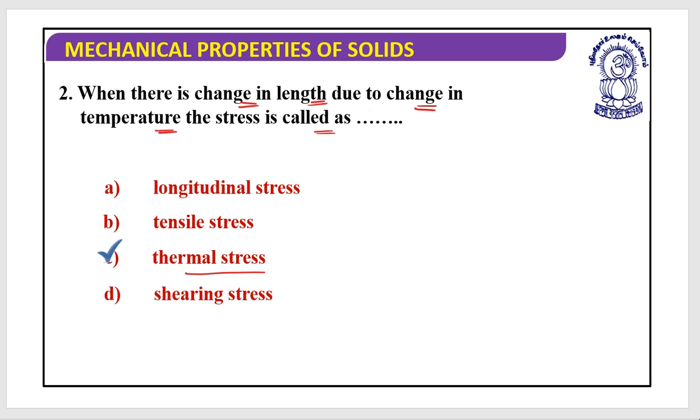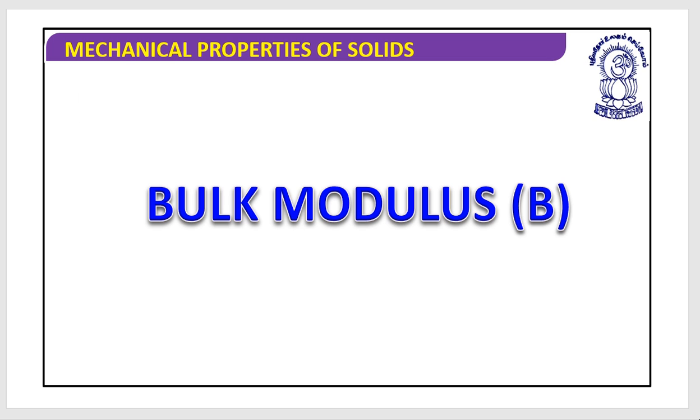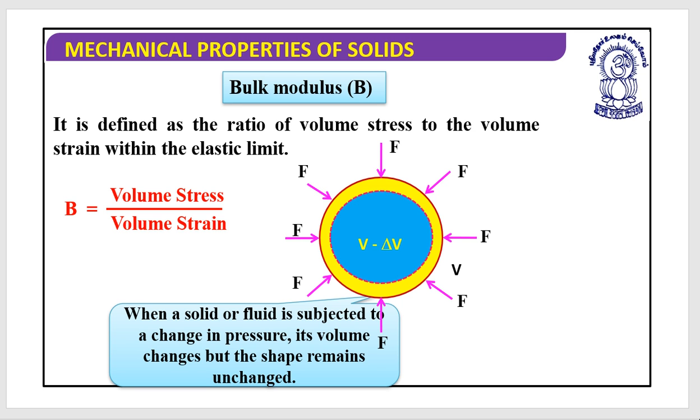Great. Now let's discuss what bulk modulus is, generally denoted by capital B. Bulk modulus is defined as the ratio of the volume stress to the volume strain within the elastic limit.